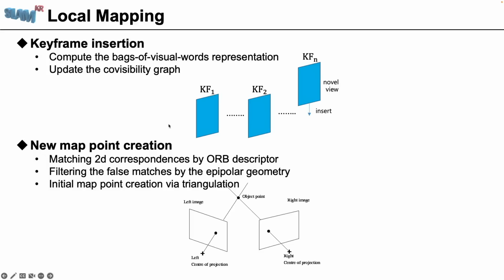They add it to the graph structure, and the bag of visual words representation is computed for later use in relocalization. And new map points are created in the following steps: matching 2D correspondences by ORB descriptor, filtering the matches by epipolar geometry, and initial map point creation via triangulation.